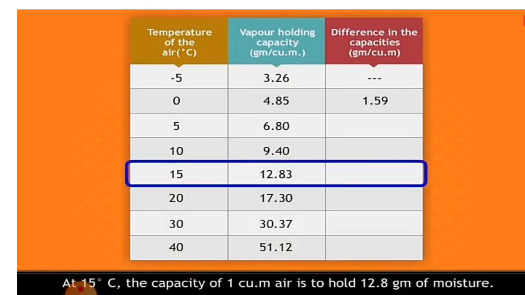You will notice that at 15 degrees Celsius, the capacity of 1 cubic meter of air is to hold 12.8 gram of moisture. If this amount of vapor is present in the air, it is said to be saturated. This humidity in the air is expressed in different ways.